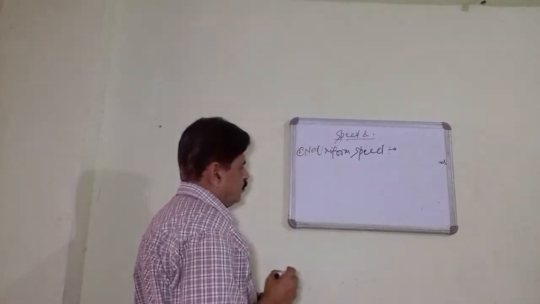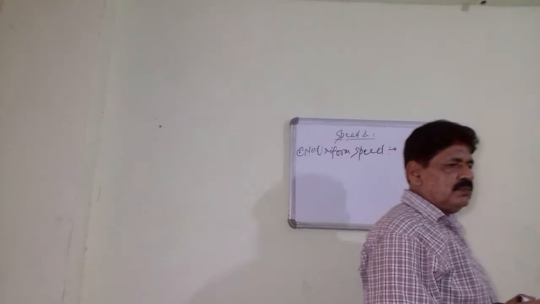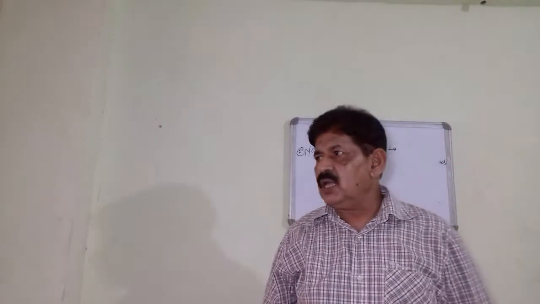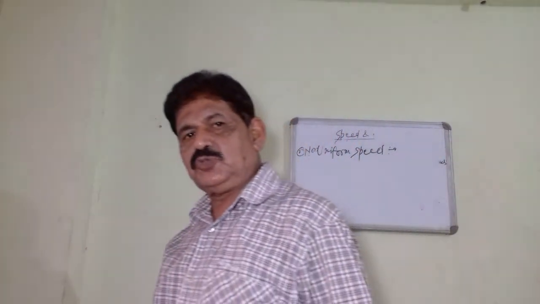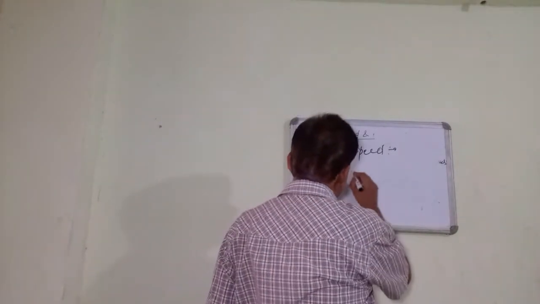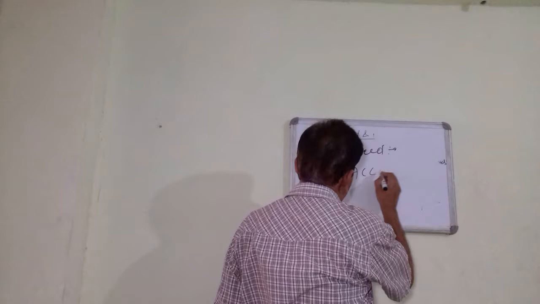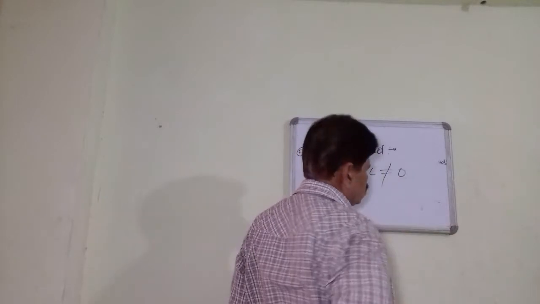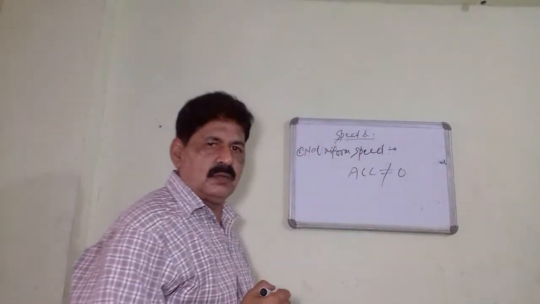This is the second case: unequal distance in equal time, or equal distance in unequal time. So two definitions may be given. Here acceleration must be present. Acceleration is not equal to zero.